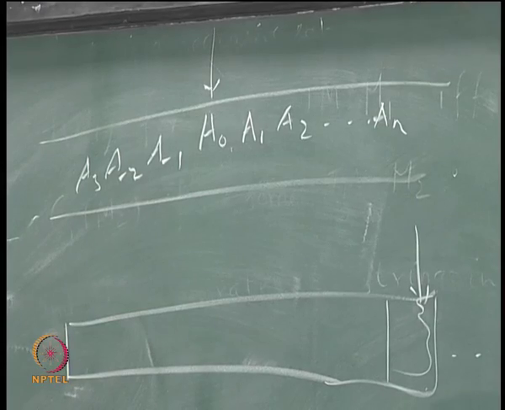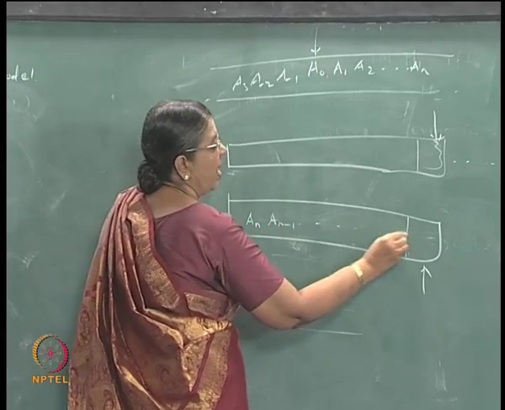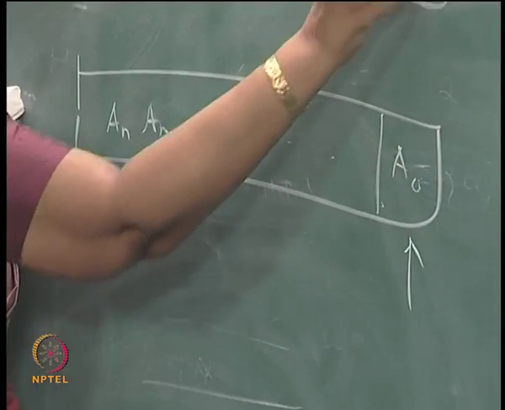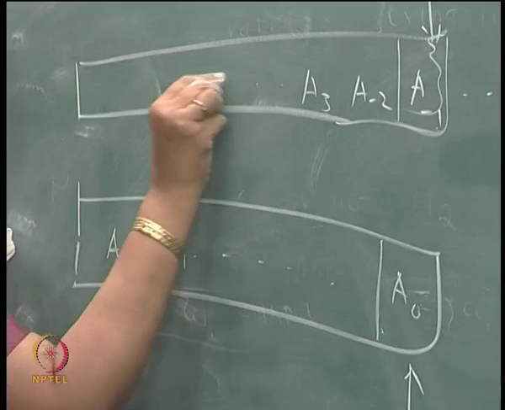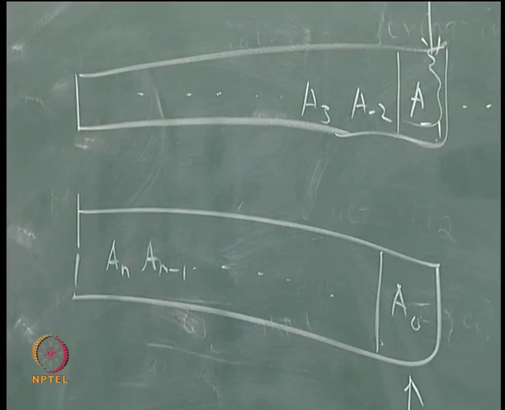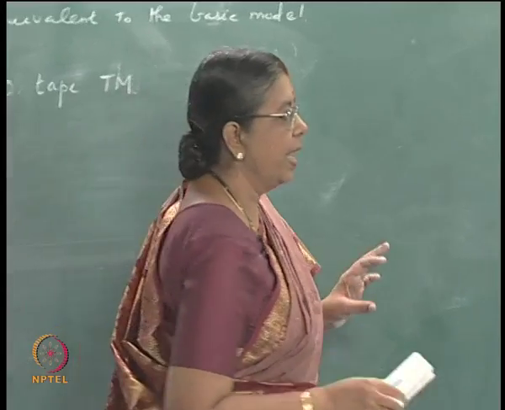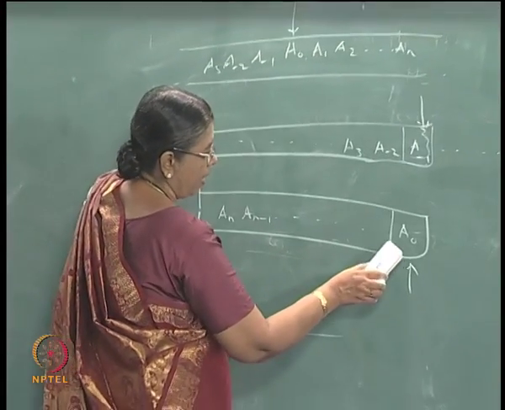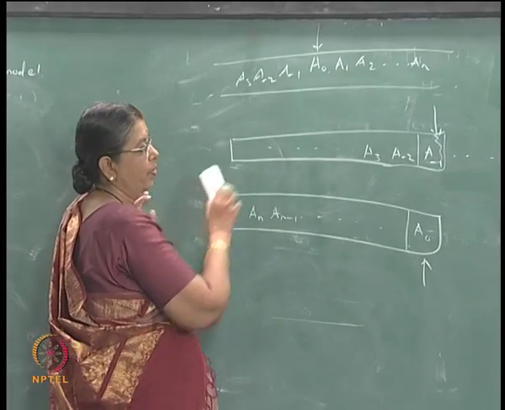In this one it will be represented as An, An minus 1, A naught, A minus 1, A minus 2, A minus 3 and so on. Always the second tape contains the top, the current symbol read by the Turing machine.